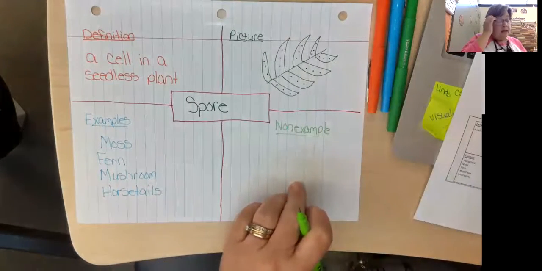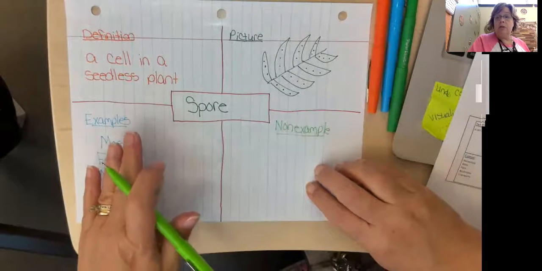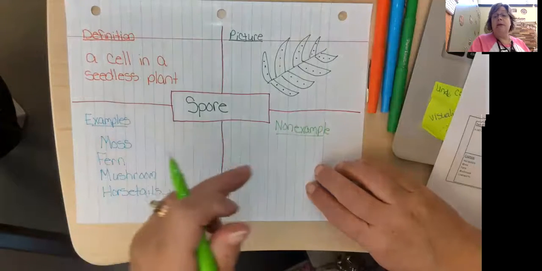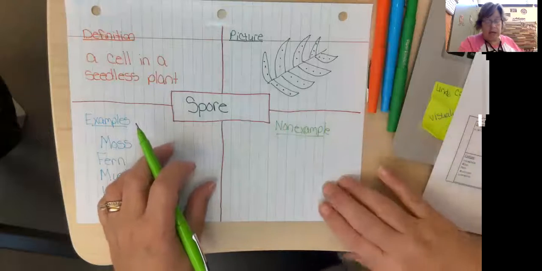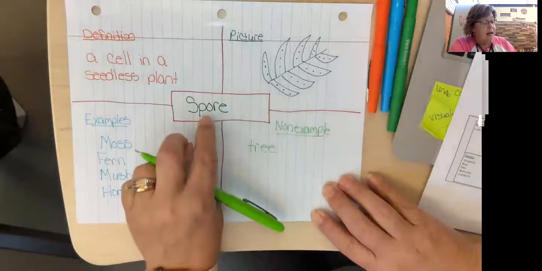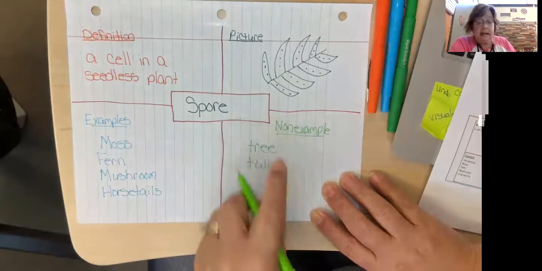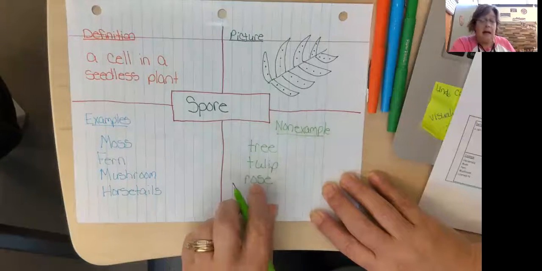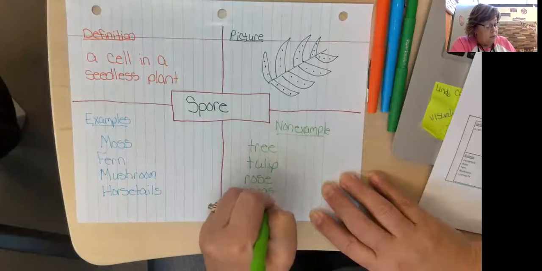So if it's not a plant that reproduces with spores, then the opposite of that is plants that reproduce with seeds that we've already talked about. So a non-example would be a tree. A tree does not have spores. A tulip does not have spores. A rose does not have spores. Grass does not have spores.